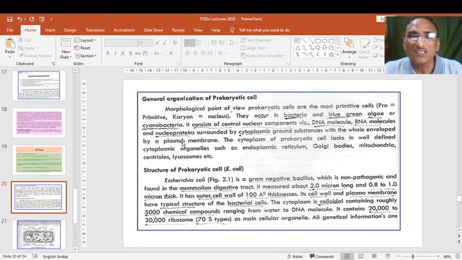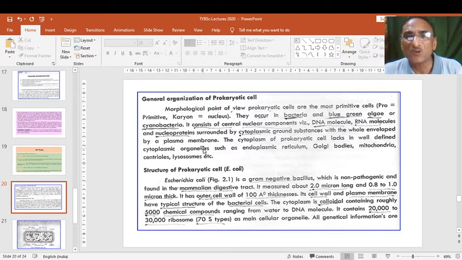All this DNA, RNA and nucleoprotein material is surrounded by a cytoplasmic ground substance, and in that ground substance this nucleomaterial is situated. Then this whole material, along with DNA, RNA and ground material, is surrounded by a thin membrane called the plasma membrane.